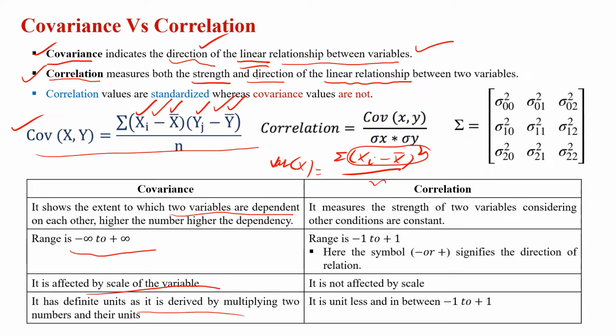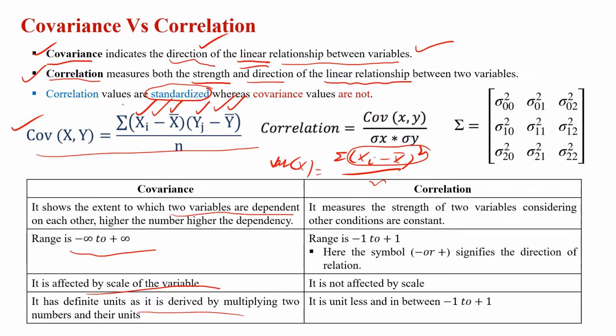The advantage of the correlation is that it uses the standardized value instead of the actual variable, which means it does not depend upon any particular unit. Whereas covariance is not using the standardized value, so the answer of the covariance is unit dependent.